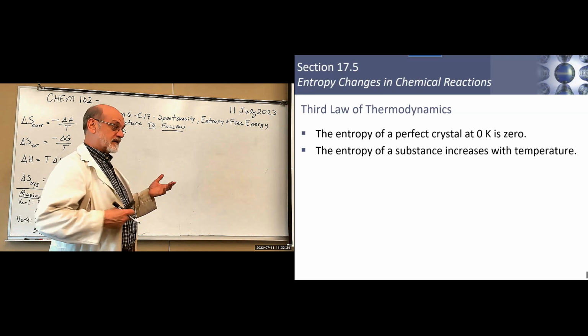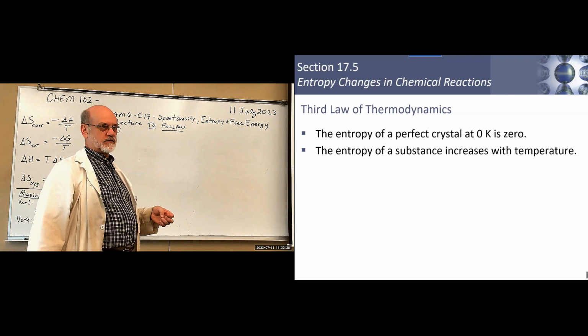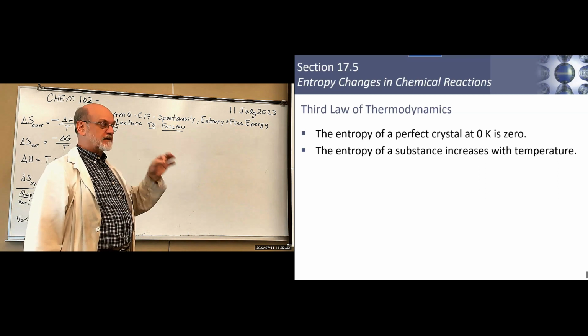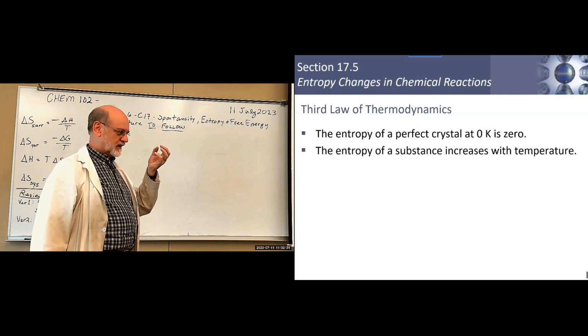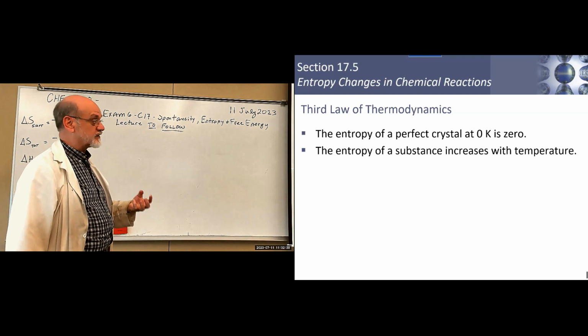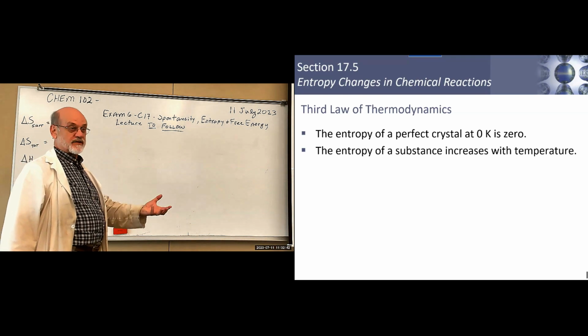So in that respect, entropy and Kelvin are a lot alike because they're always positive values for individual systems or surroundings. If they're measured against absolute 0, the perfect crystal, then they're positive.